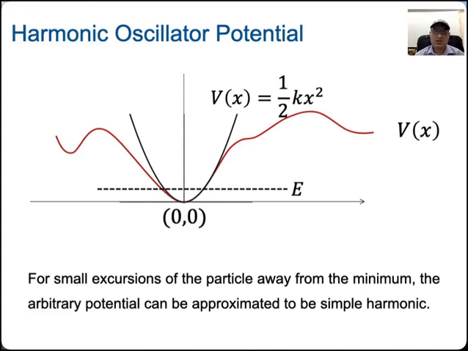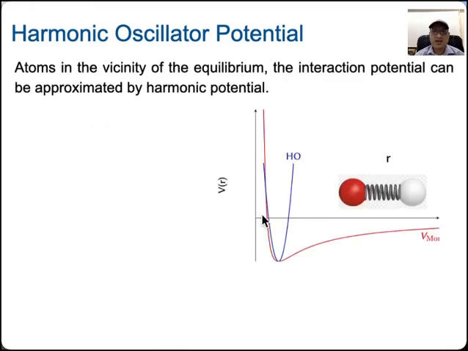Quantum mechanically, the other motivation comes from the fact that the atoms in any form of matter, whether molecules or solids, in the vicinity of the equilibrium, have an interaction potential that can be approximated as a harmonic oscillator potential. Here is my diatomic molecule, where two different kinds of atoms are attached by a bond, and this bond can be mimicked as a spring mass system.